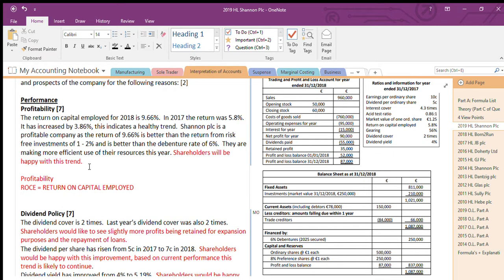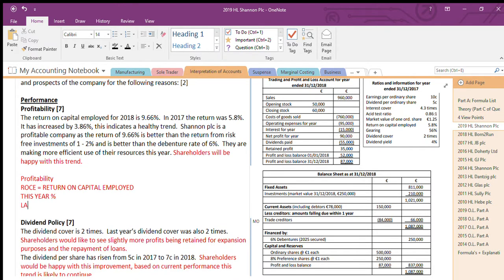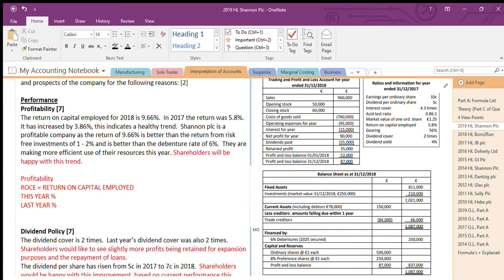The first thing you do is talk about this year: what's this year's figure, this year's percent. Then last year's percent. Then what's the trend? If it goes up, it was 5.8%, now it's gone up to 9.66%, that's a good thing, a positive trend.